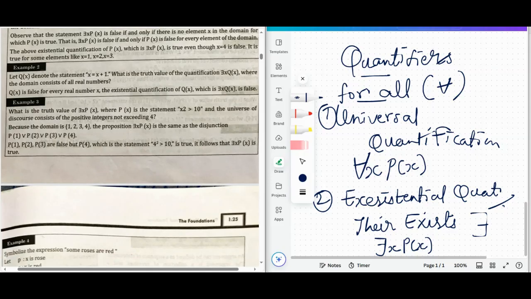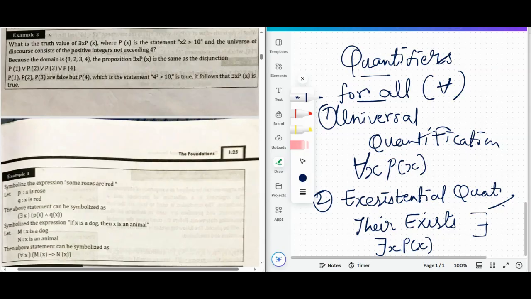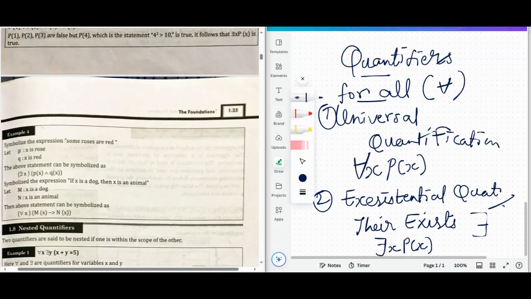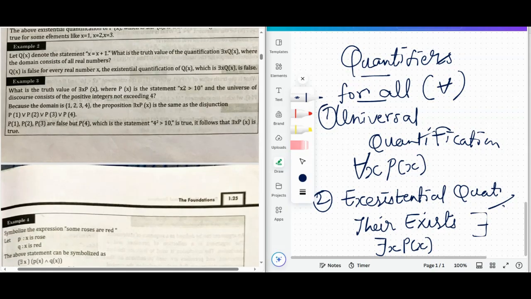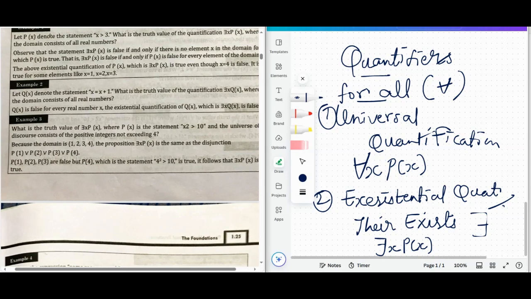Then you have existential quantification. We'll take this example. Here Q(x) is x equals x plus 1. What is the truth value of the quantification there exists x Q(x), where the domain consists of all real numbers?